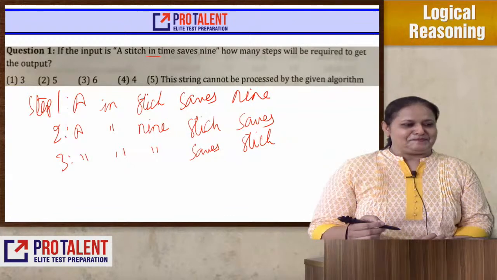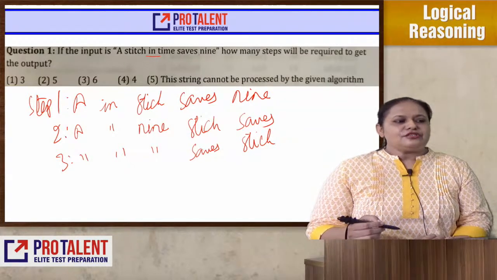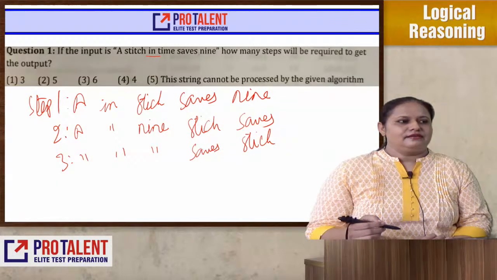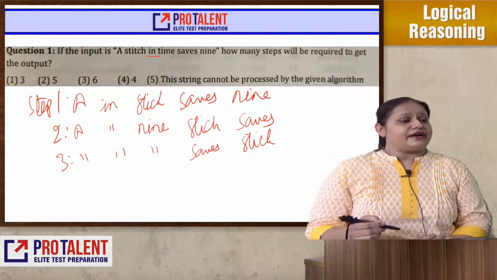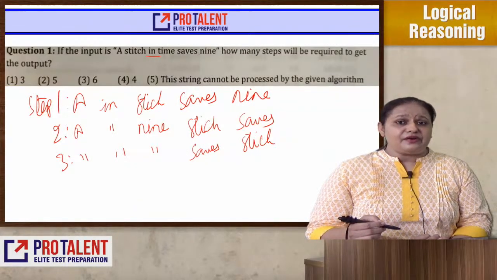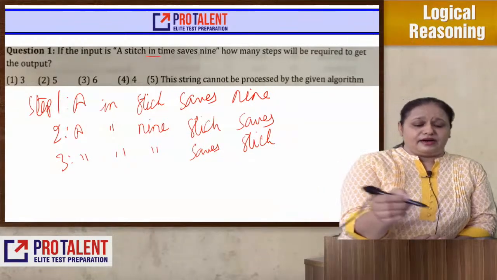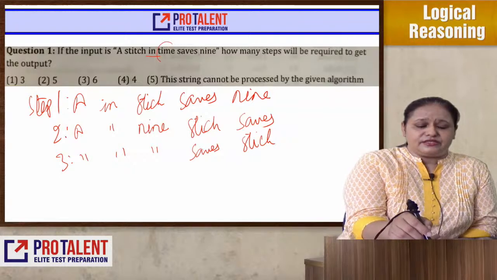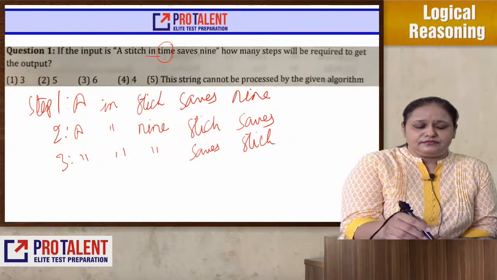Correct? Can you see what mistake I did while writing? Oh, 6 steps, 5 steps, 6 steps. See what mistake I did while writing. In the stitch, I forgot to write the word time. Stitch in time.